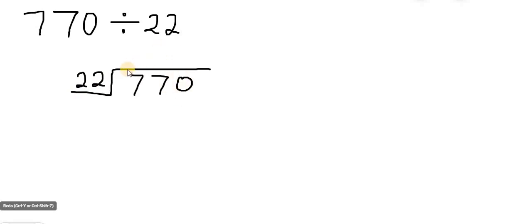Okay, pick the first number first. Okay, 7 divided by 22. 7 is smaller than 22, so there's not enough. You can't find a bunch of 22's in 7, so that's 0.